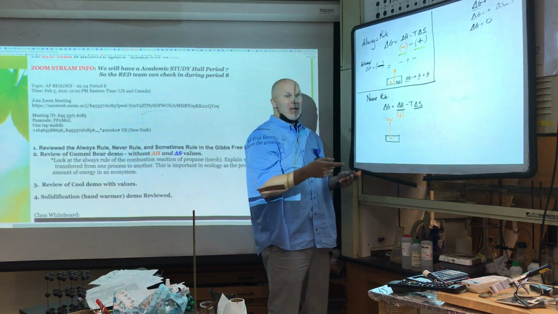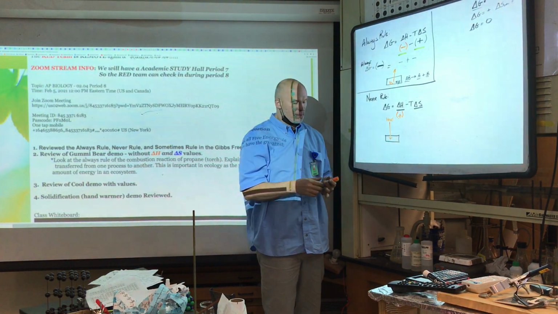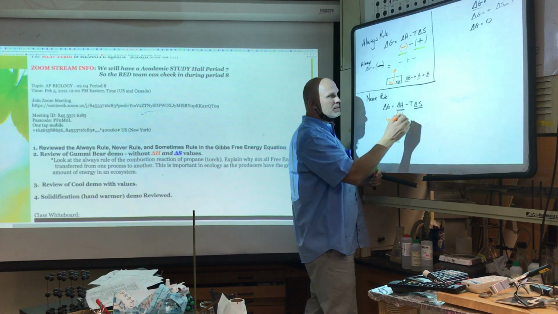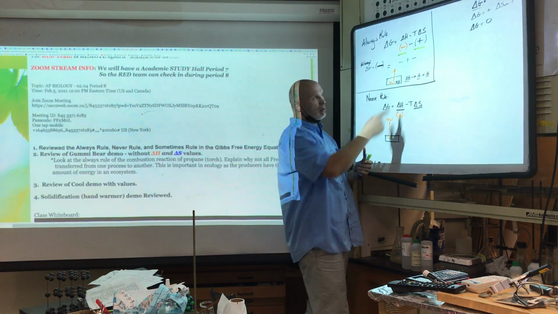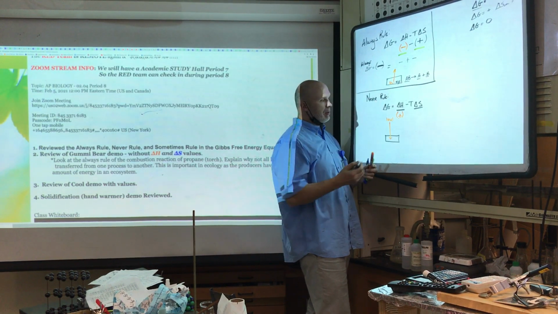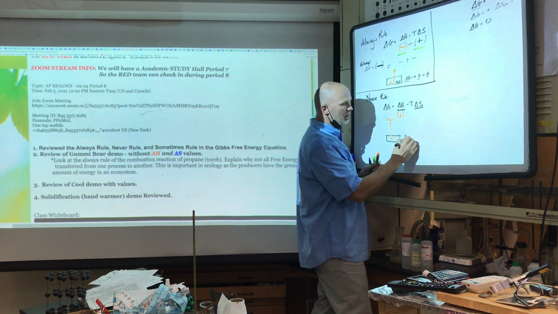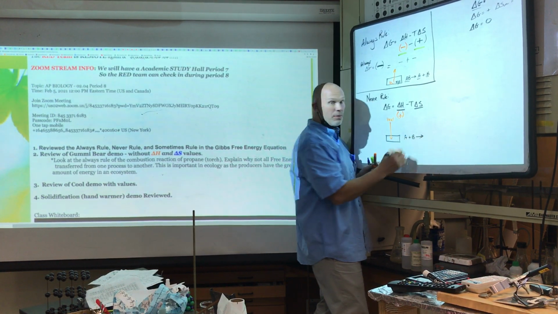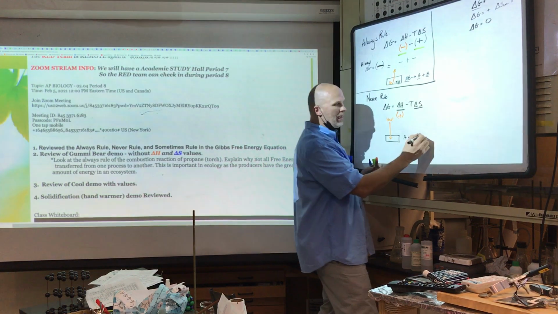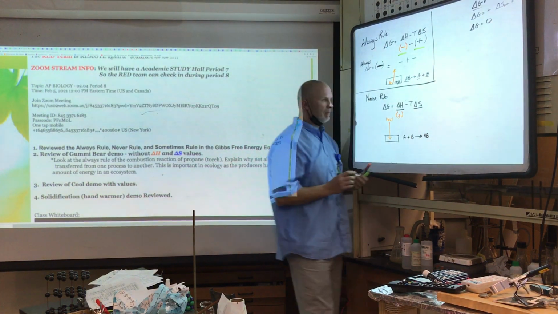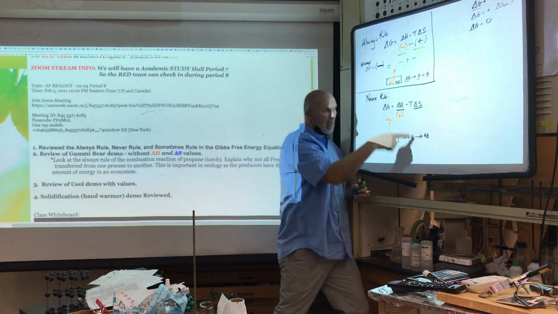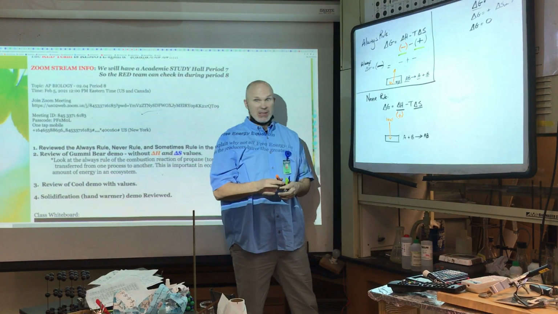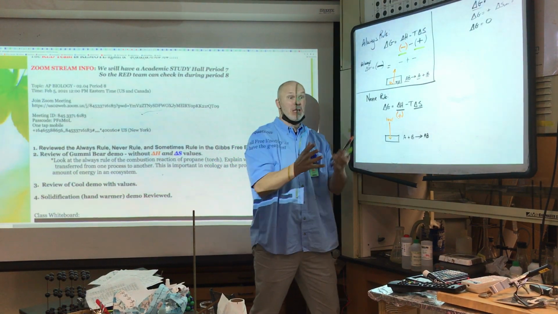Okay, now let's do another unfavorable process. Let's take this and do the reverse of this reaction. Let's say we take A and B chemicals, and they come together anabolically to make AB. Well, the delta S of my system is bad. I'm losing degrees of freedom.